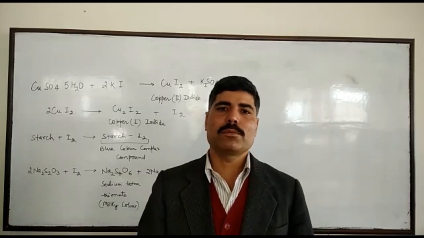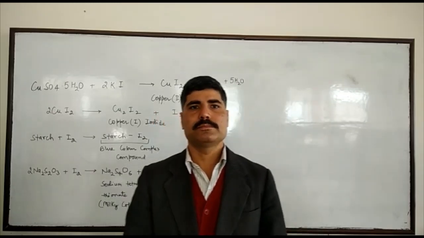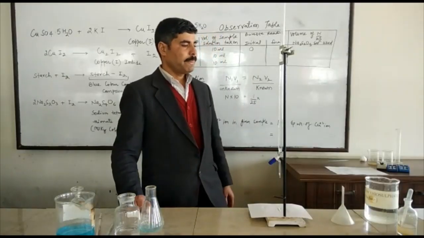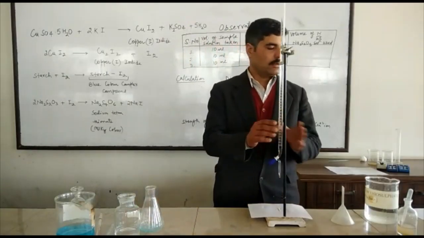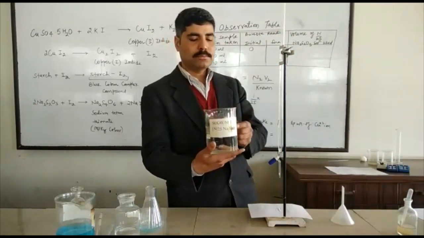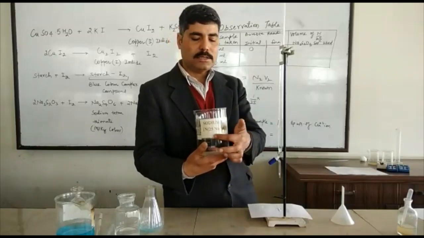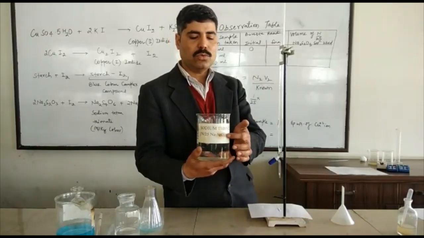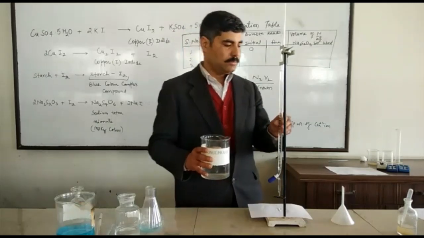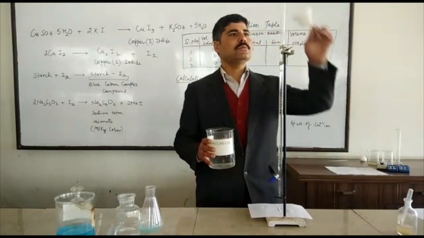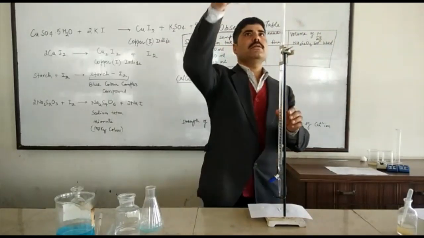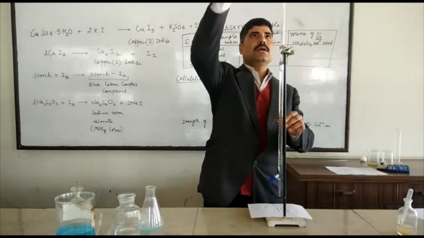Now we move to the procedure part of the experiment. Now we are going to perform the experiment. First of all, we have to fill the burette with the standard solution. In this titration, the standard solution is sodium thiosulfate, that is N/25 Na2S2O3, which we have to fill in the burette. This is our burette, and we fill it with the standard solution.